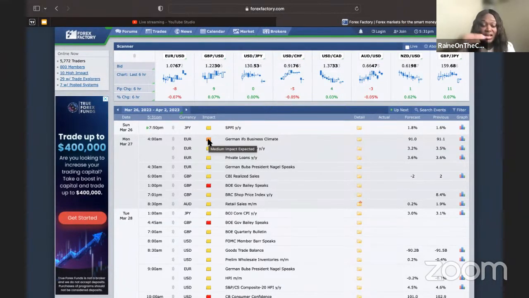So say you're that aggressive trader who risks 3% of your account. That's a lot. I would say reduce your risk because there's an orange folder. And also at the same time, there are other news occurrences happening on the Euro, right? 4:30, also news on the Euro. So I would definitely pay attention, not risk too much.